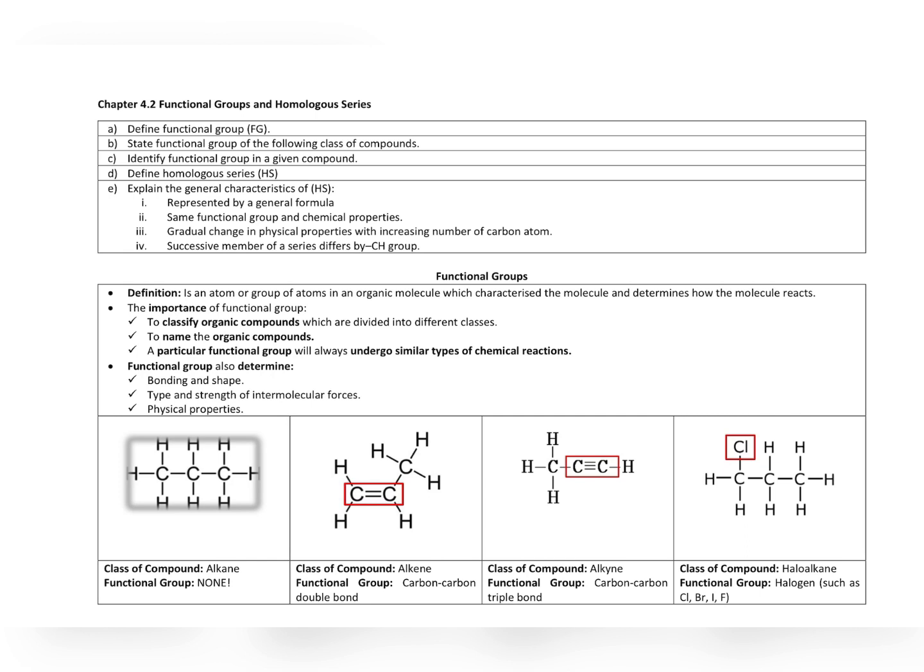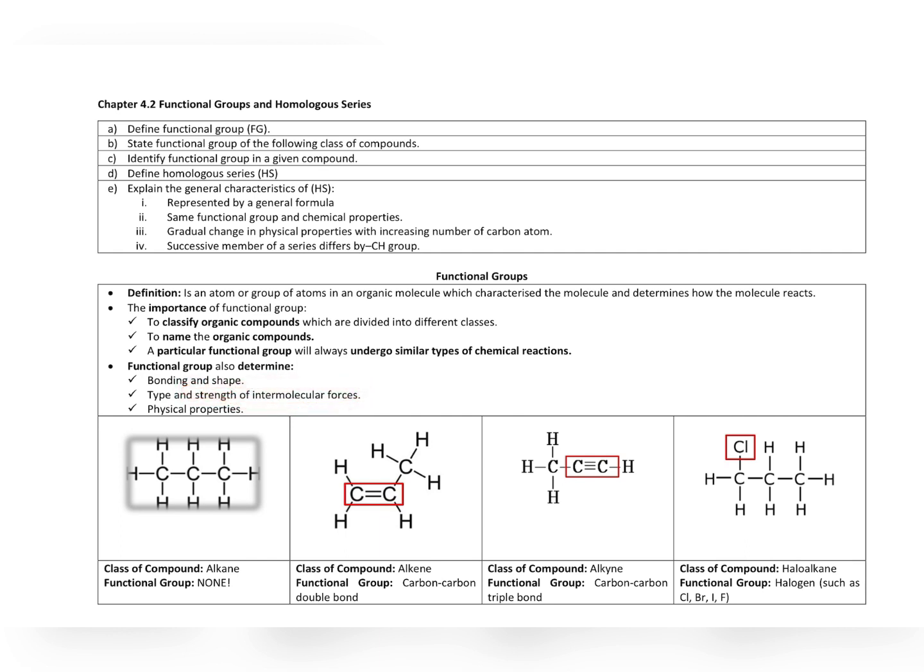Samalah, okay. Selain daripada tu, functional group juga determine bonding dan shape. So kiranya bonding dia kuat ke tak. Lepas tu type and strength of intermolecular forces. Okay, kalau compound yang involve carbon, hydrogen je, mungkin dia akan ada van der Waals sahaja. Tapi kalau dia ada oksigen dengan hydrogen, mungkin dia akan jadi hydrogen bonding. Okay, so itu maksud dia strength of intermolecular forces here.